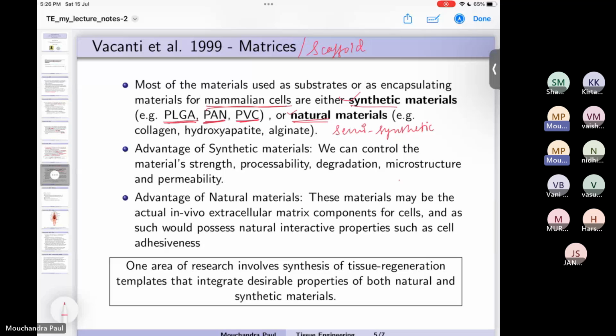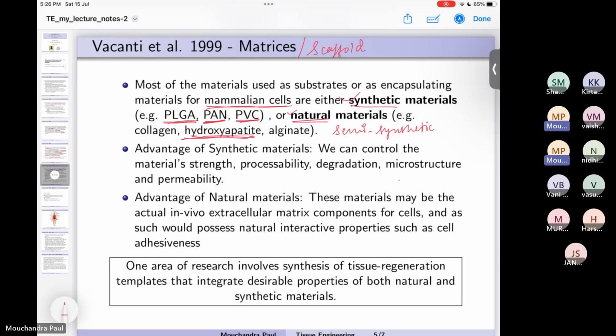Natural materials are those derived from a plant or animal source, like collagen or hydroxyapatite. It's an inorganic calcium phosphate crystal, but since our bone contains a major amount of hydroxyapatite, it is given as a natural material, but it is actually a ceramic. We'll see that again in the biomaterials discussion.